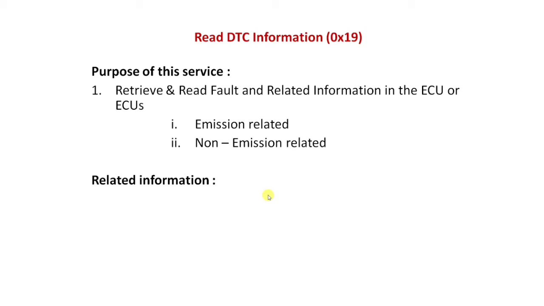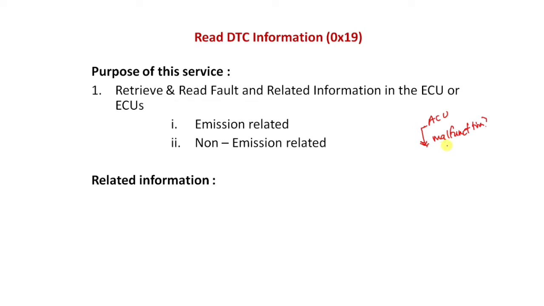Fault related information is, for example, if some critical issue occurred, say a failure with the airbag ACU. When you are diagnosing, you have to check at what time it failed, or when it started to malfunction. The malfunction time, date, whatever it may be, everything will be stored.